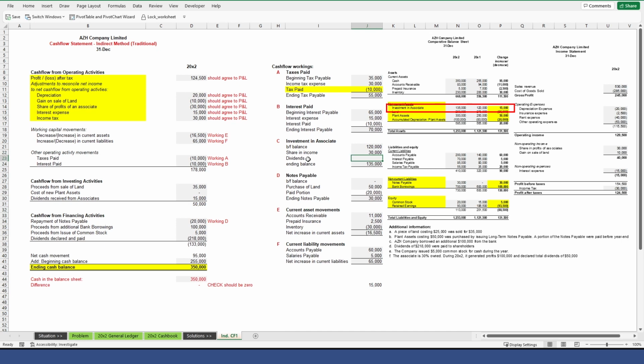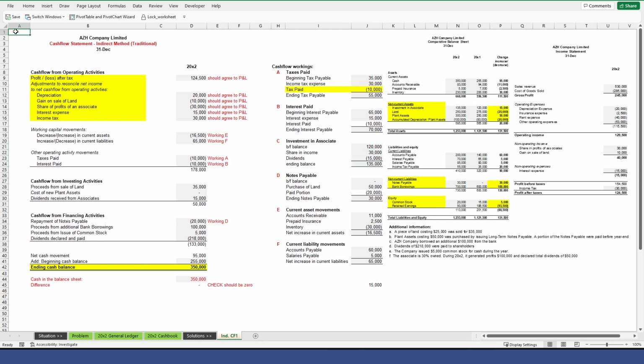And the dividends that we have is 15,000, so it's a negative 15. This is just for us to check if the movements in the investment in associate agrees to the ending balance. So right now, we have the sum of all of these three is 135,000. So we're saying that the investment in associate movement is actually correct.